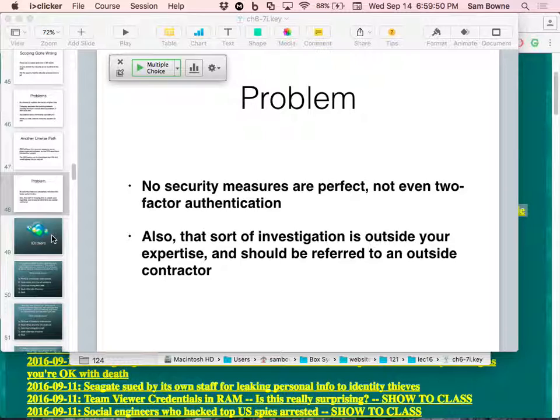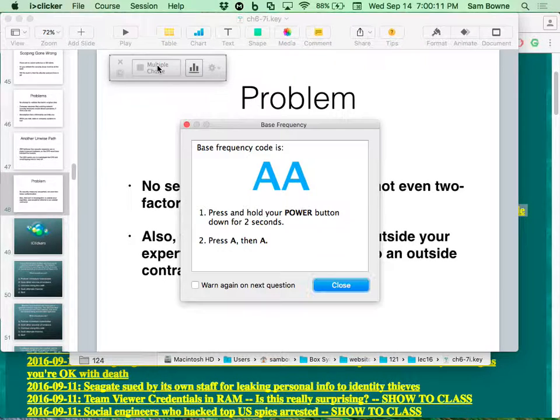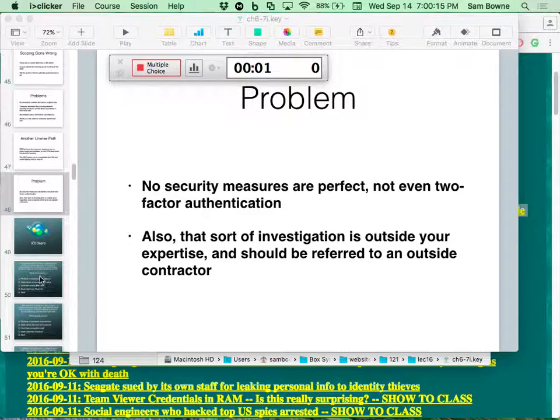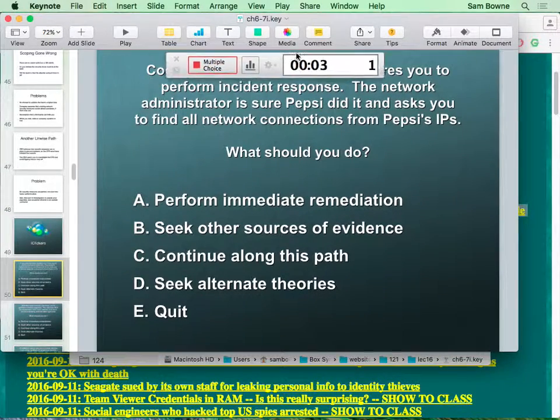There should be 3 letters, so there should be enough for everybody. All right, good. Let's see if I can get this thing out of the way.